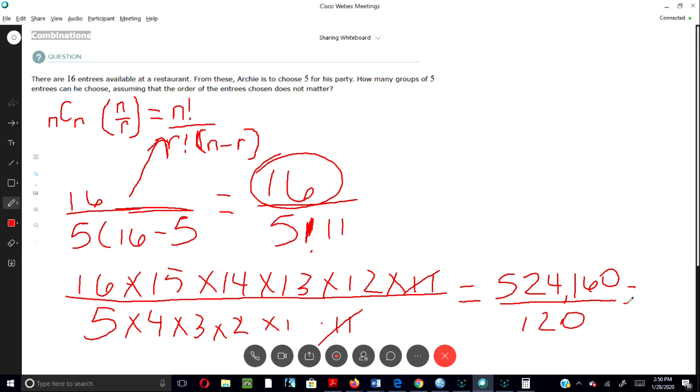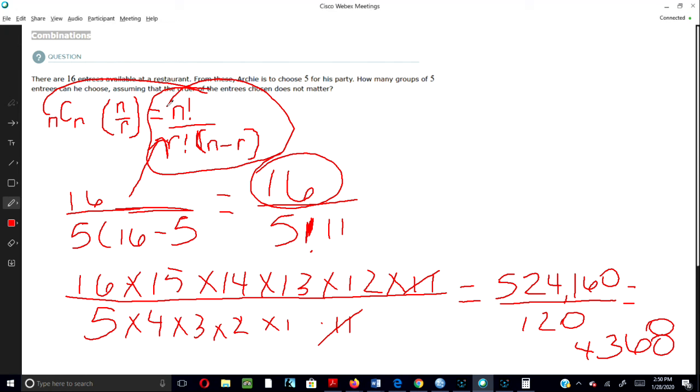Then you will divide that, and you will end up with 4,368. So for this problem, it's easy to work out as long as you remember that you're just plugging everything into this formula: N factorial over R factorial, and then in parentheses you'll put N minus R. Okay, that's it for that problem.